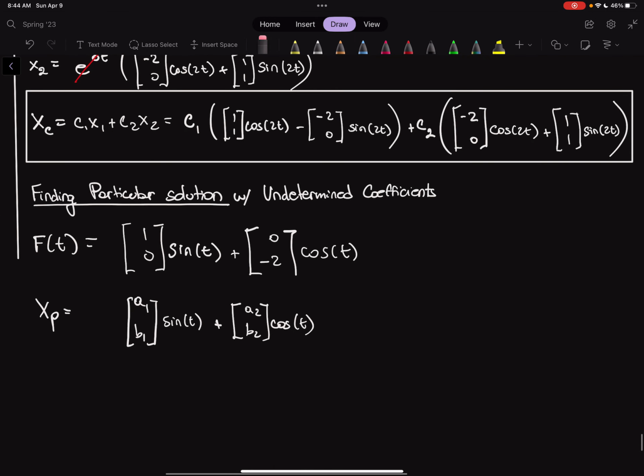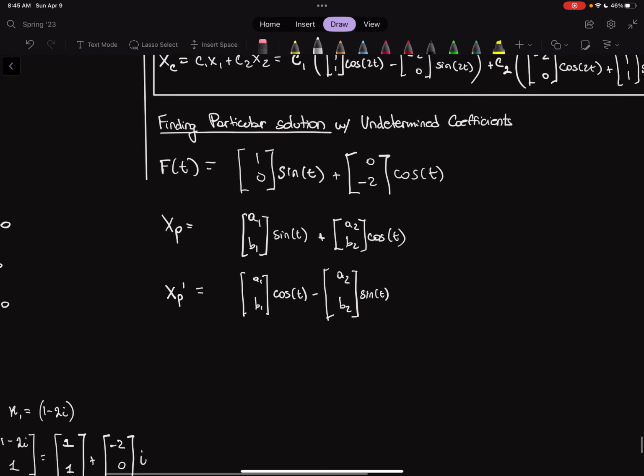So now that we have this, we're going to find the derivative of it. So xp prime is going to be a1, b1 cosine of t minus a2, b2 sine of t, because a2 and b2 stay the same, but the derivative of the cosine of t is negative sine of t, so I put the negative in front.